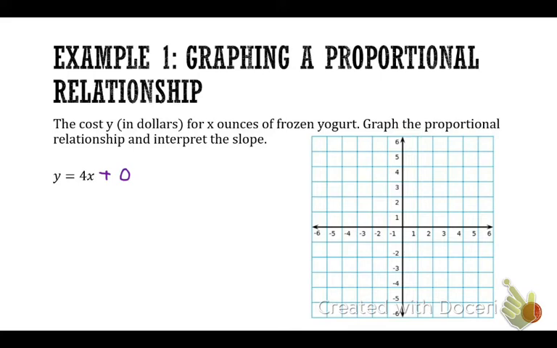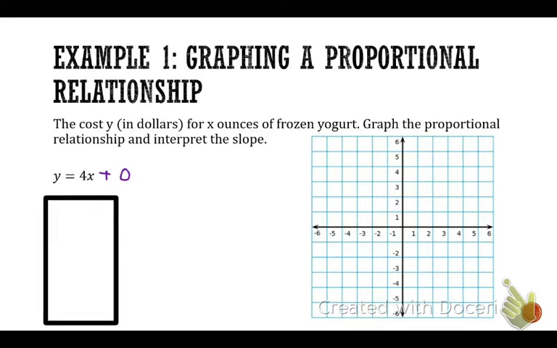If there's an entrance fee, like everybody pays the entrance fee, and then you pay per ride after that. Okay, so the plus 0 is like a starting amount, okay? That's going to be important for you to remember as we kind of get more into equations and what equations tell us.